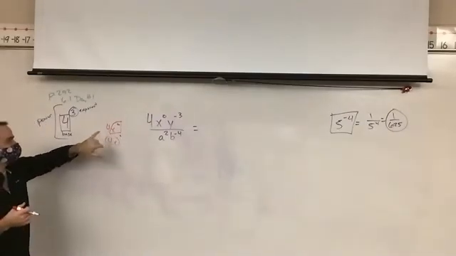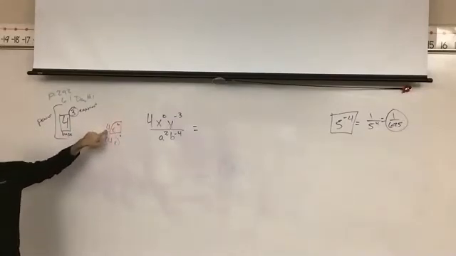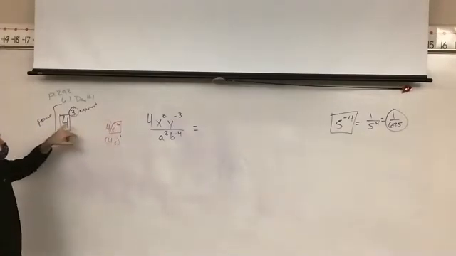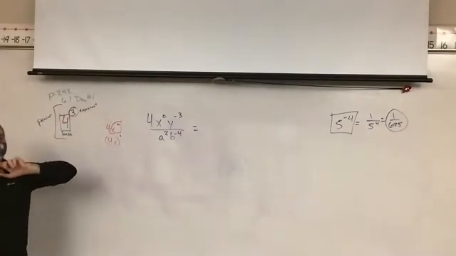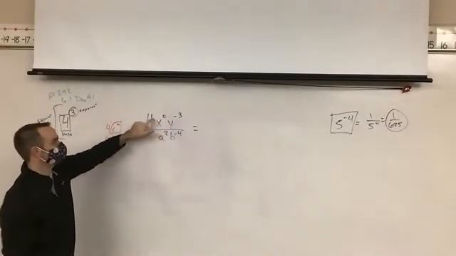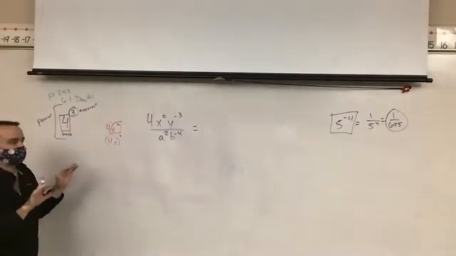That 4 is just on its own. What's the exponent of something that doesn't have an exponent? 1. That's 4 to the first power, and we know 4 to the first power is 4. So this is just x to the 0, and this is 4 to the first power. They're separate.